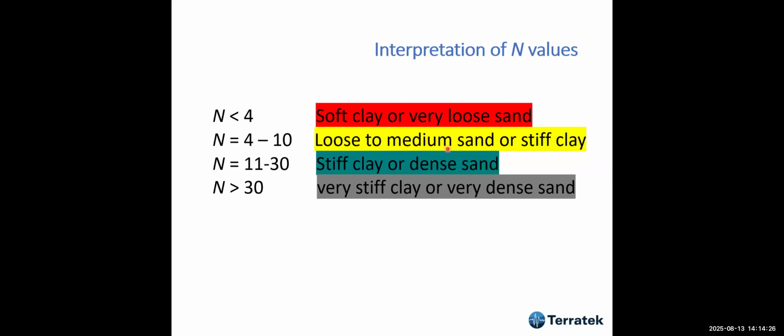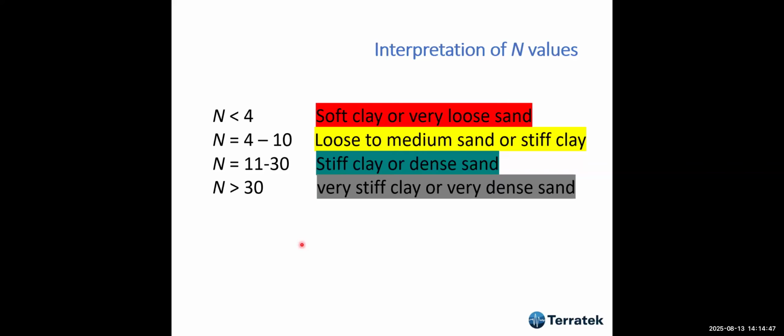So loose to medium sand or stiff clay. A clay with SPT of 10 is very hard, it's very stiff, okay? Then very stiff clay or dense sand from 11 to 30, and over 30, very stiff material.